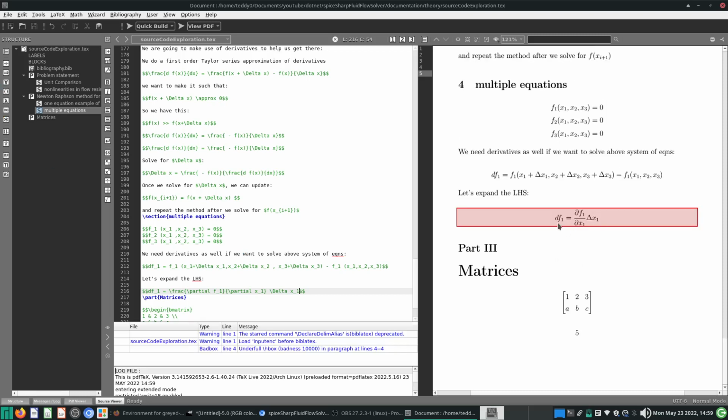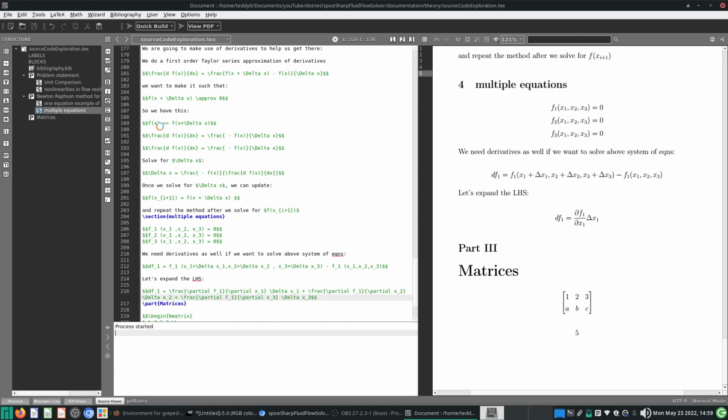I'm going to repeat this kind of step in 3 dimensions. The total derivative of f1 is the partial derivative of f1 over x1 multiplied by delta x1. You do the same for the x2 and x3 as well, so that we can extend this idea to 3 dimensions.